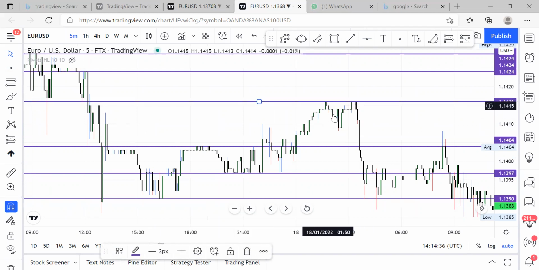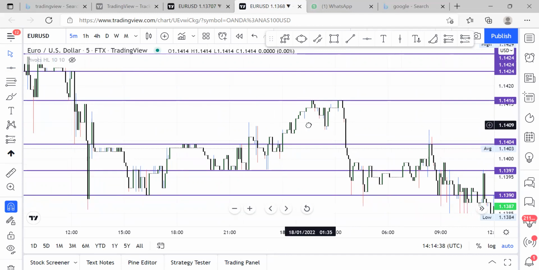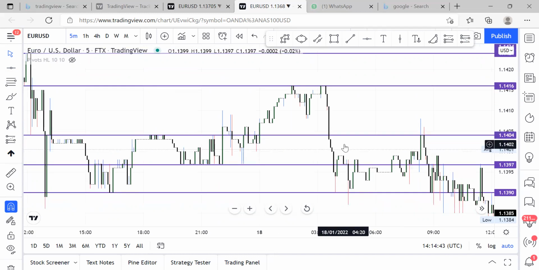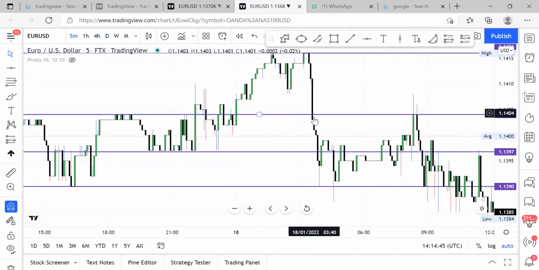You've got momentum candles here, momentum candles here. From one zone to the next zone, it breached that zone and went right through it, like butter.